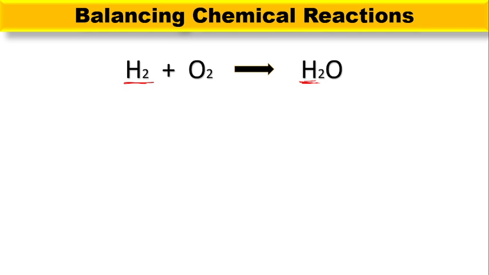Are we clear? So to give you an example, hydrogen as a diatomic element reacting with another diatomic element, which is oxygen, gives us H2O as a product. But H2O has got two hydrogens.